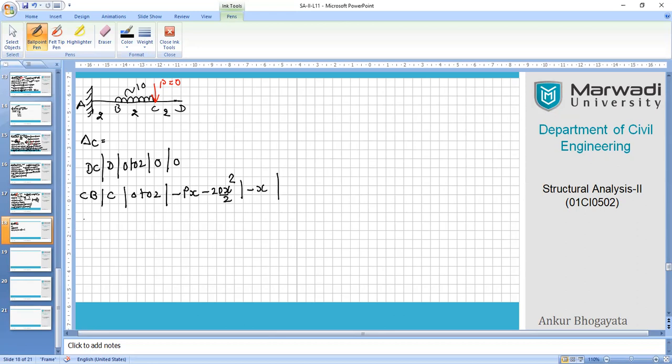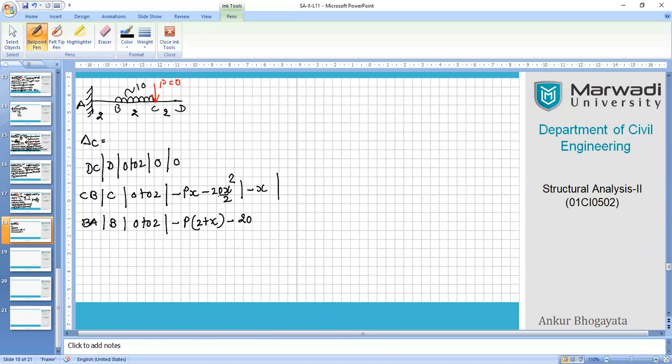And then finally B to A, right? B is the origin, 0 to 2 meters. Then we can have minus P into 2 plus x minus 20.